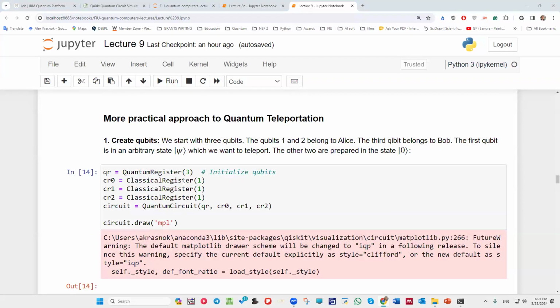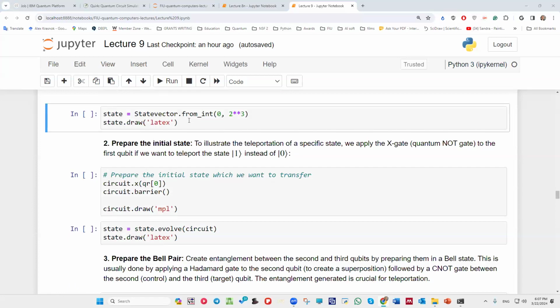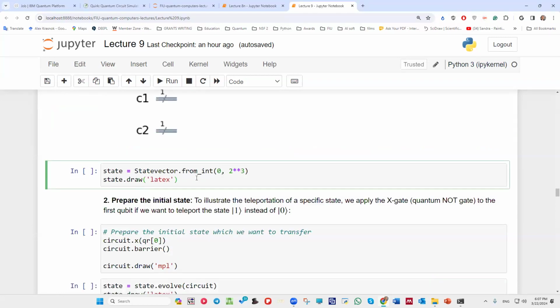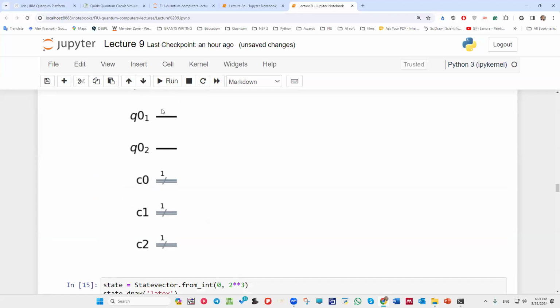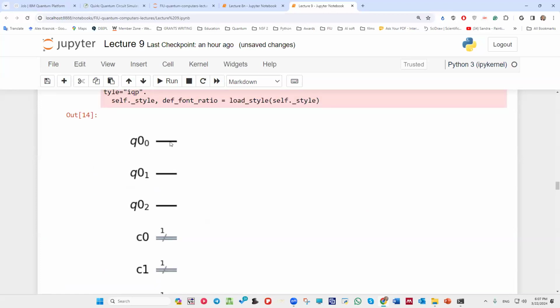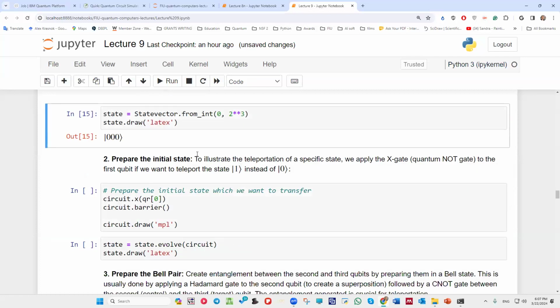So for more practical approach, we create the qubits. And here, what I do, I represent the state. So initially, the state of these 3 qubits written in the tensor product form is 0, 0, 0, right?